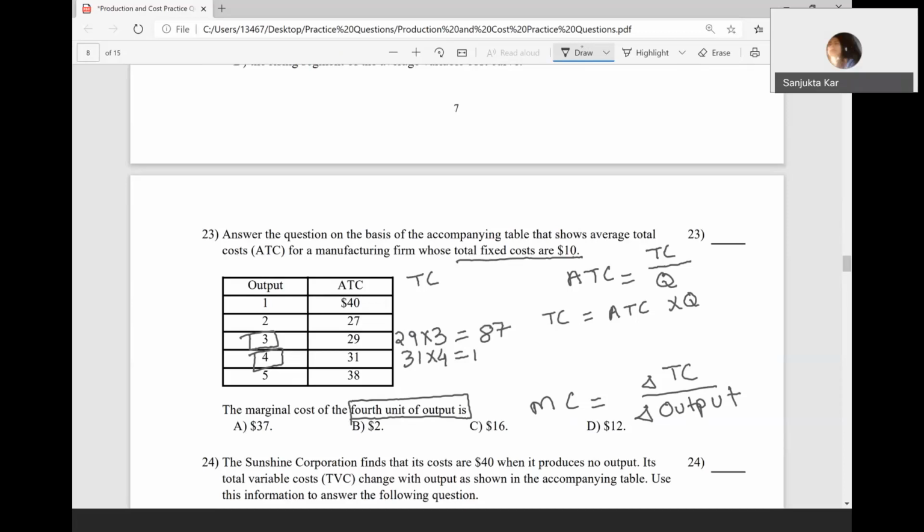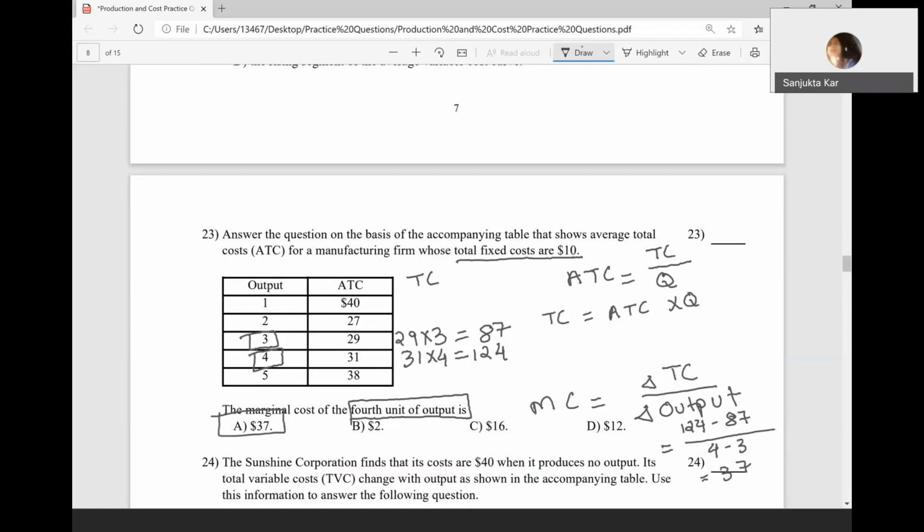I found this number as equal to 124. Now take a look at this formula here, change in total cost over change in output level. So the answer to this question will be 124 minus 87 over 4 minus 3, equal to 37.